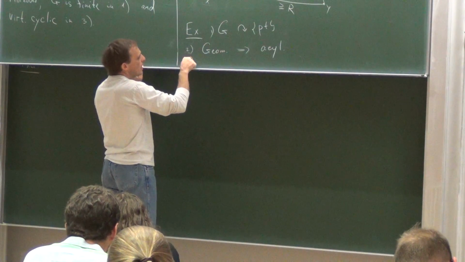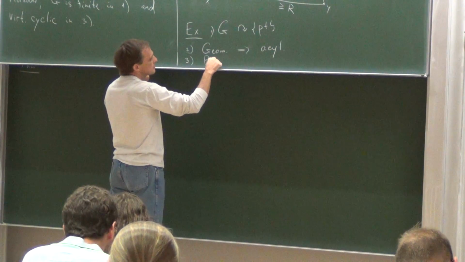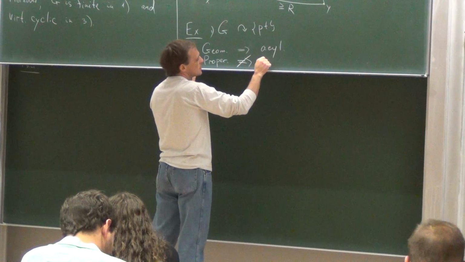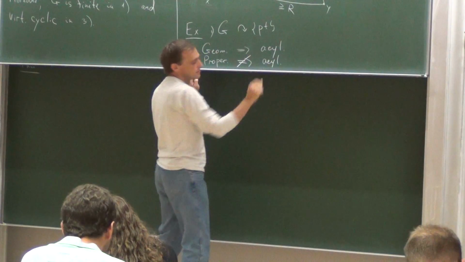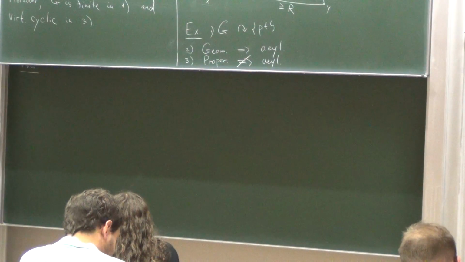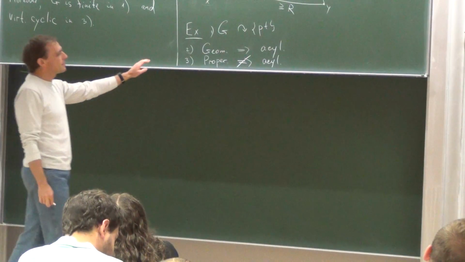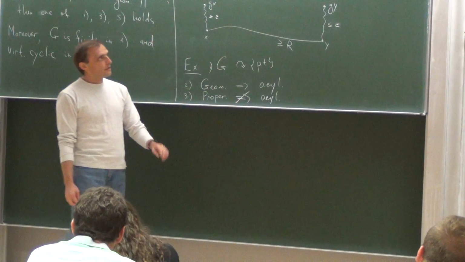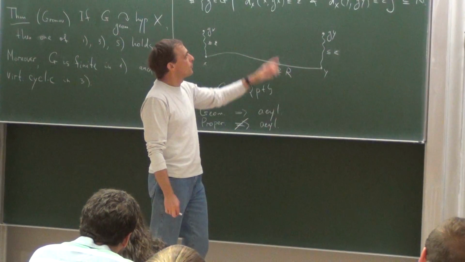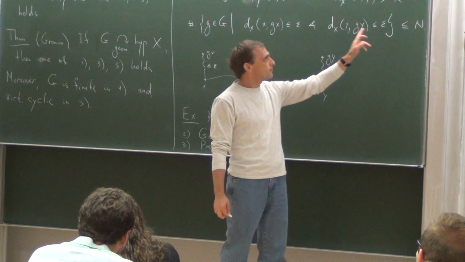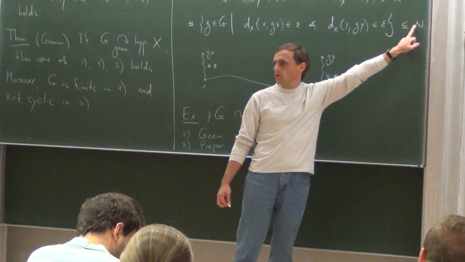But if you have a proper action, then it does not follow that the action is acylindrical. So you do need the action to be co-compact to derive acylindricity. And the reason is that if you take the definition of a proper action, there is nothing uniform there. You just request something to be finite, while in the definition of acylindricity, you have some sort of uniform finiteness.